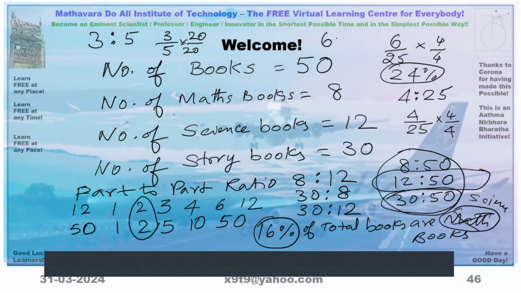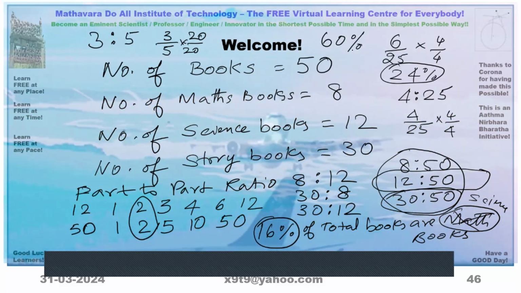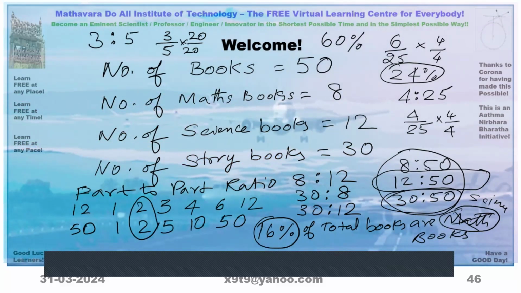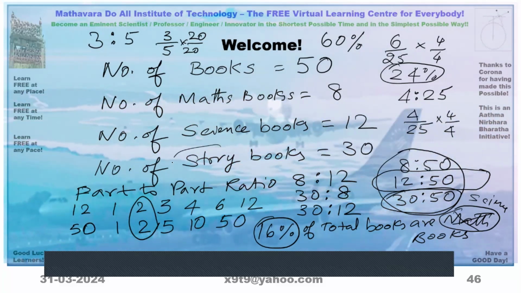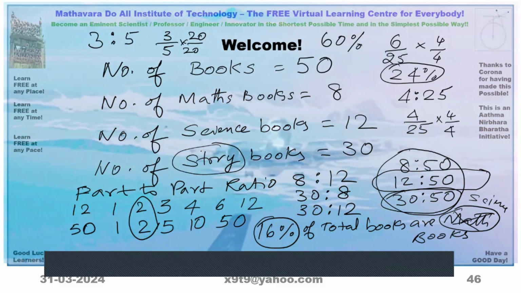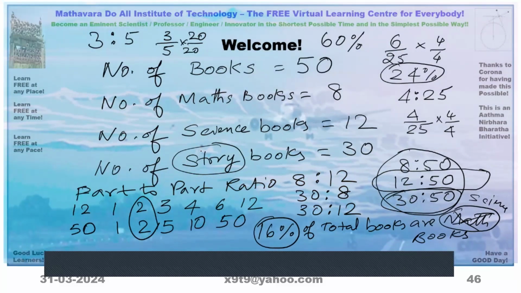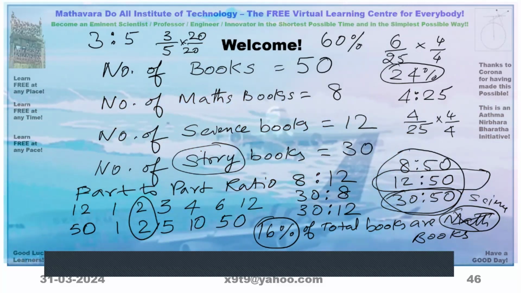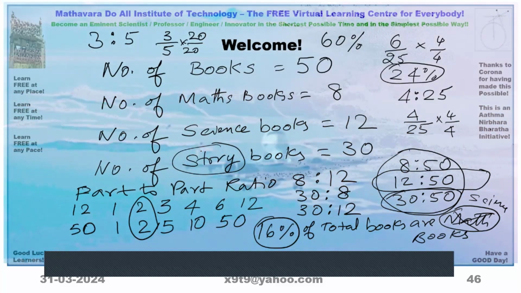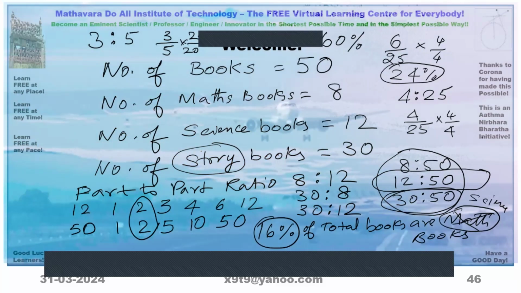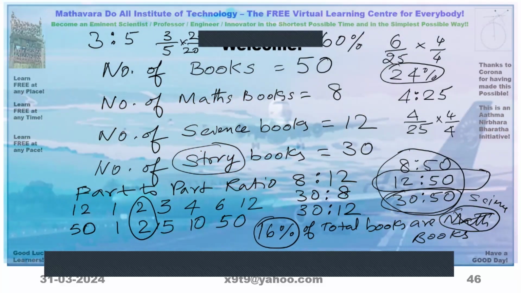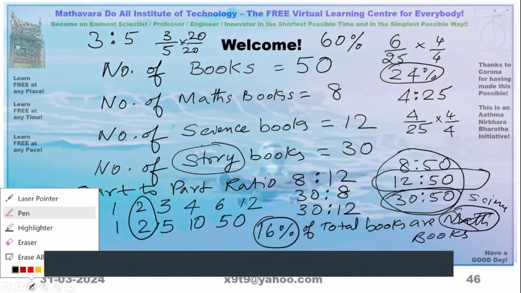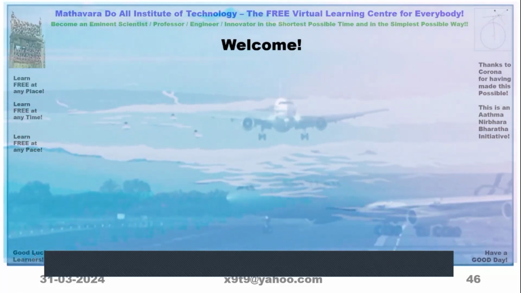So it becomes 60%. So 60% of total books are story books. You are able to follow? Yes. So are you able to follow this?